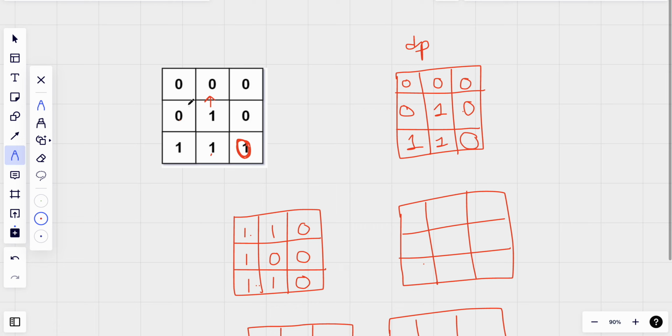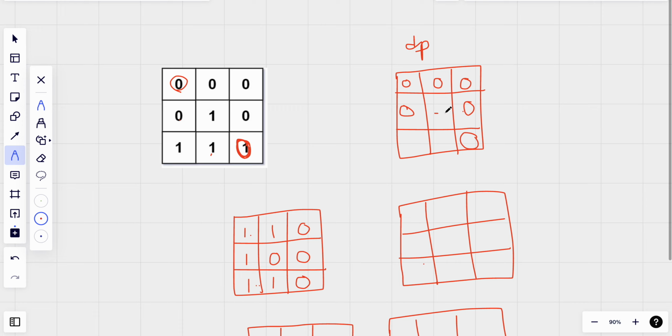And the further we go, the more the distance should increase, right? So we start from 0, and since this node already has a 0, we update our DP for only the zeros. These cells have zeros, so we have already updated the zeros for our DP.